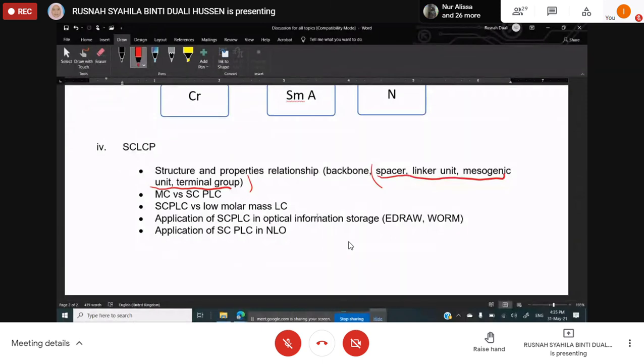So I don't give you so much, I give you a very brief overview. I hope you should be able to see clearly the difference between the two types of polymer liquid crystal. If you read the paper, you can see there are more other applications.